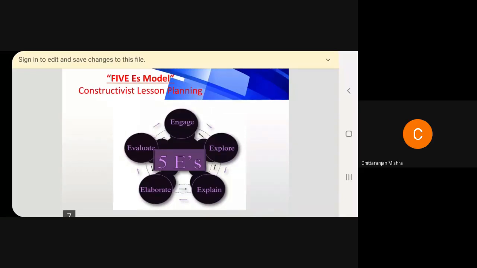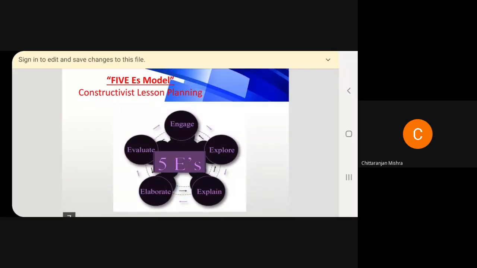Last class, I explained to you about constructivist lesson planning. For constructivist lesson planning, we are going for the 5E model.